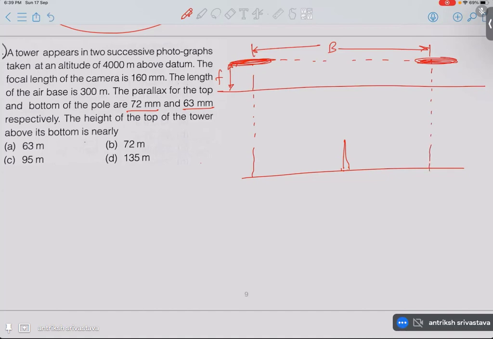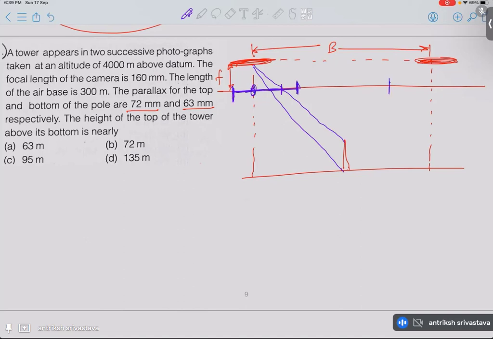So this is the first photo. Let's say this photo is from here to here, and this top is coming here, this bottom is coming here on the photo. This is the photo, and this is the principal point.